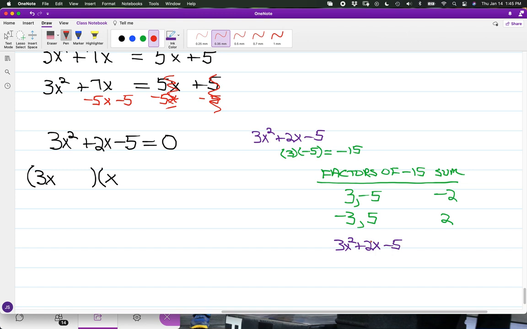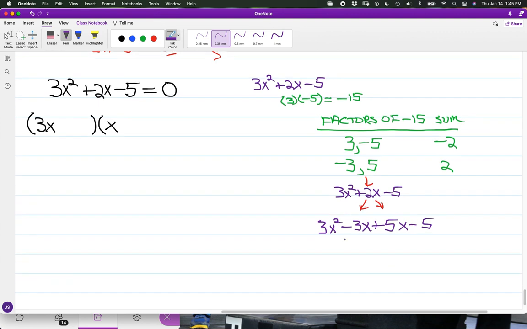Upon splitting up, we have 3x squared minus 3x plus 5x minus 5. With grouping, we take the first 2 terms and the last 2 terms.